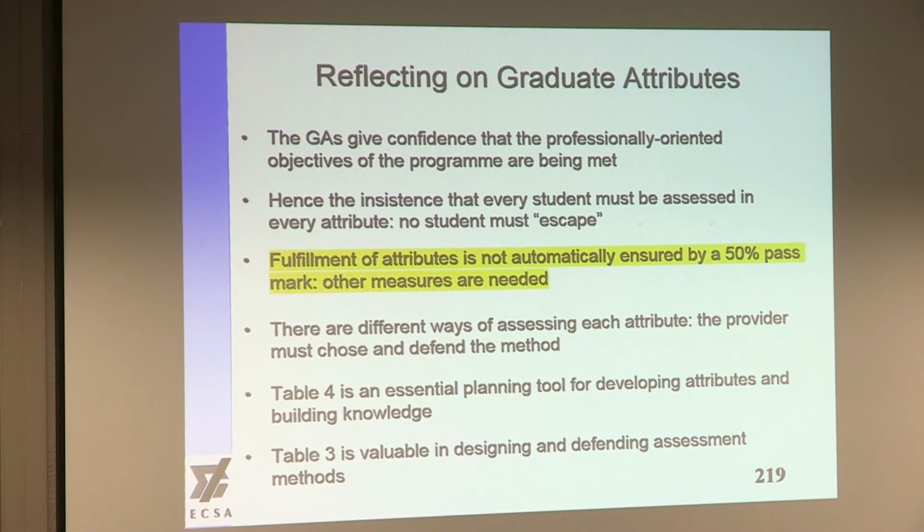Another issue is, I'm very much interested in this kind of attributes. And I think when we were registering the qualification, we used to call them ELs, exit level outcomes. Apparently the ELs were allocated to most of the subjects. It simply means that most of the subjects give the student an ability to acquire some graduate attributes.